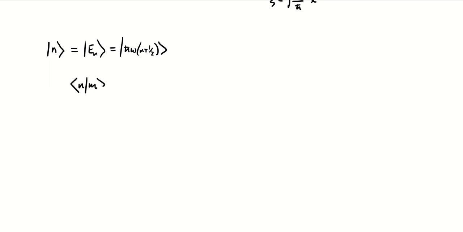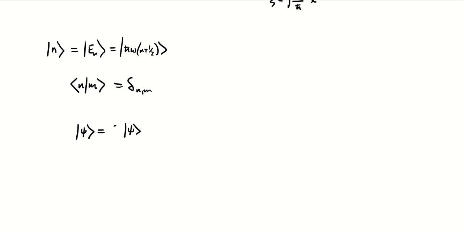So if we look at the inner product of any two eigenkets, an eigenket and eigenbra with themselves, we get the Dirac delta function. So 0 if they're not the same state, and 1 if they are the same. We also can write any general state of our system. So it doesn't have to be an eigenstate, just be any state, as a superposition of these states.